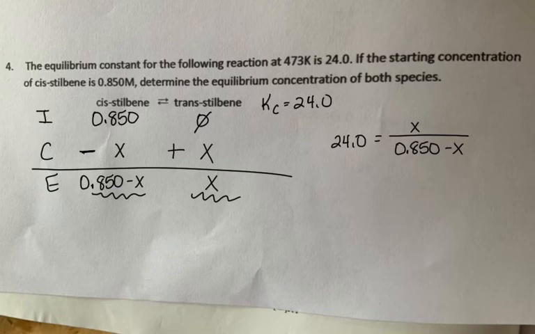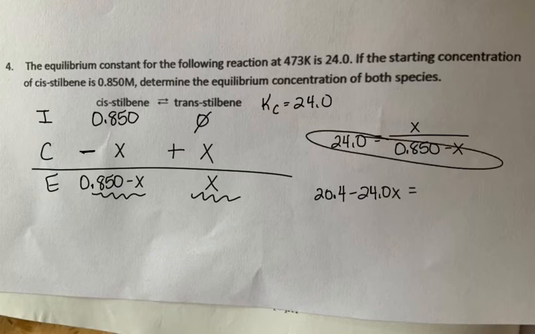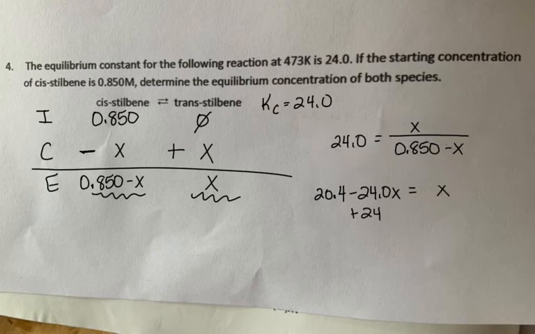So the first thing I'm going to do is cross multiply, and I have to distribute the 24 times the 0.85. It's going to be 20.4, and then the 24 times the X is going to be 24X. And then I'm cross multiplying. It's equal to X, and I'm going to get all my X's on both sides.